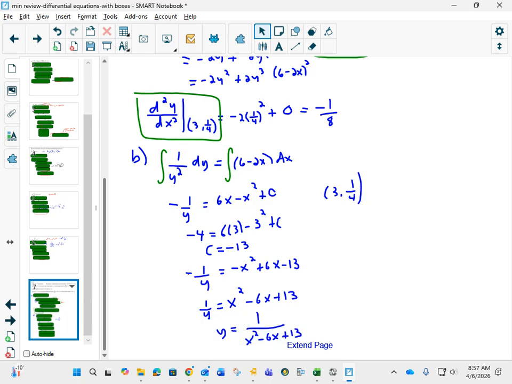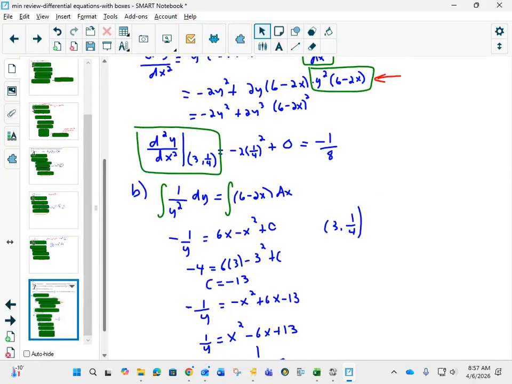Absolutely. Do we need to get y by itself? Yes.